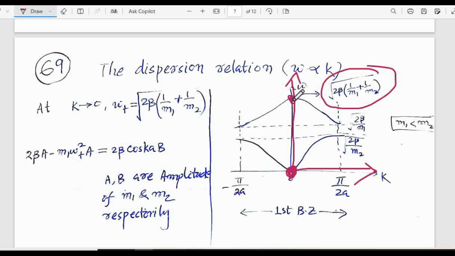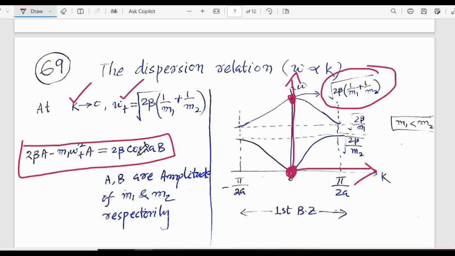The omega tends to this value, that is omega equal to the square root of 2 beta times (1 by m1 plus 1 by m2). Here the mass m1 is smaller than m2. So if you apply this condition to this equation, substituting k equal to 0 and omega positive as this value. And where did we get this equation? We get this equation from Swiss.